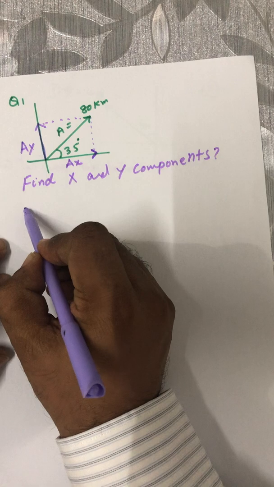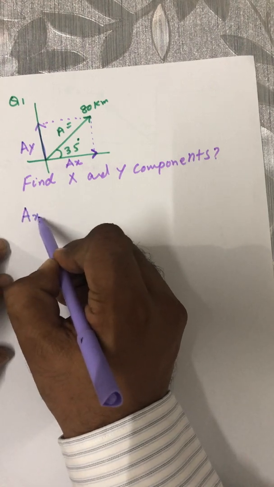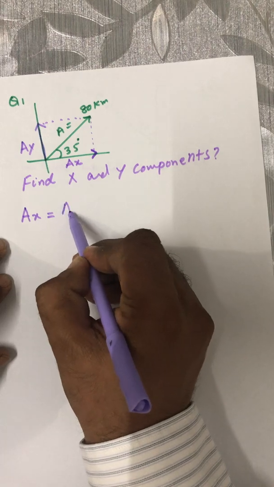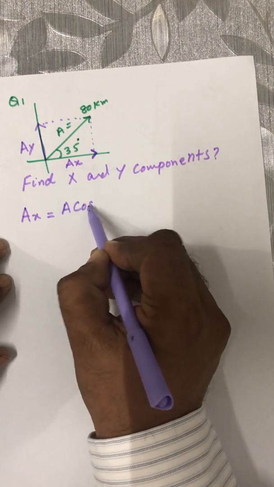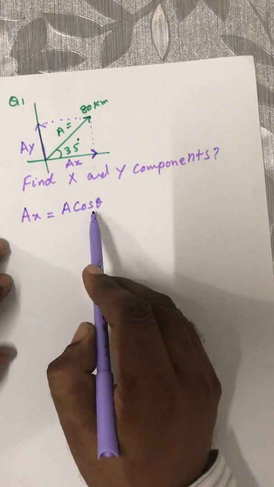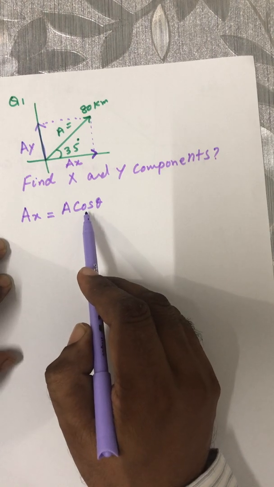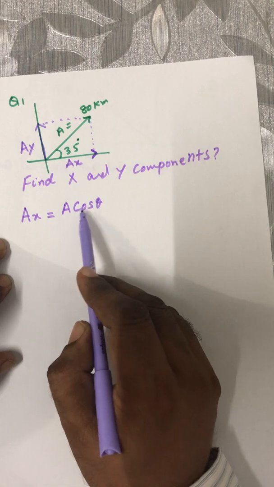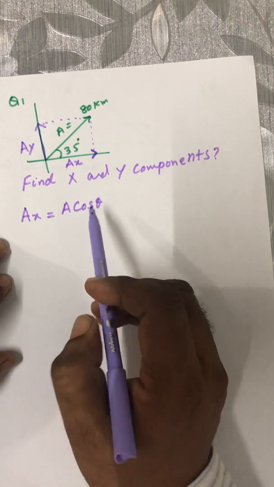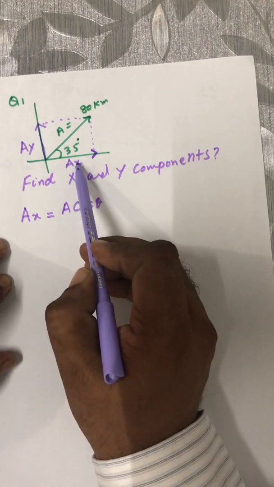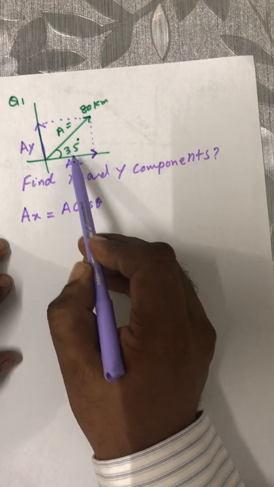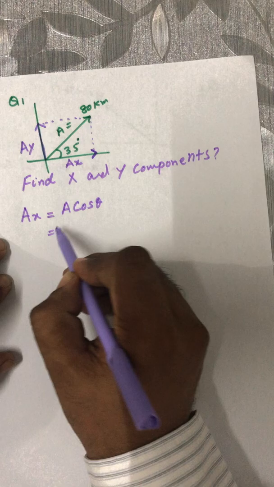Now we know that Ax is equal to A cosine theta. Why do we choose cosine theta? We have another choice of sine theta also, but we are using cosine theta because this x component is touching the angle. How much is A?